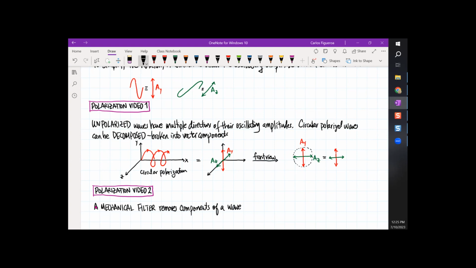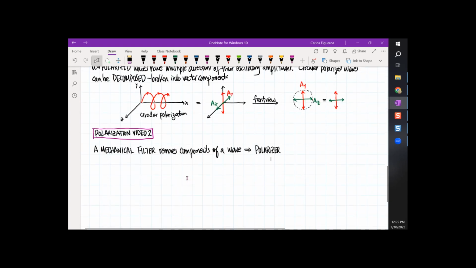And in optics, what we do here is that we call this a polarizer. So here's what we find here. So a mechanical filter is really, it acts sort of like a picket fence.